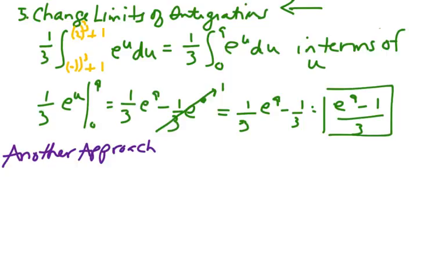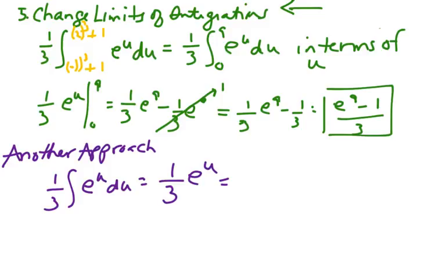So taking the antiderivative, you got e to the u. And if I were to evaluate this and take the antiderivative, you still get 1/3 e to the u. I'll substitute back for u, and u is equal to x cubed plus 1. So this would be 1/3 e to the x cubed plus 1. Evaluate that, and you can leave the limits in terms of x.